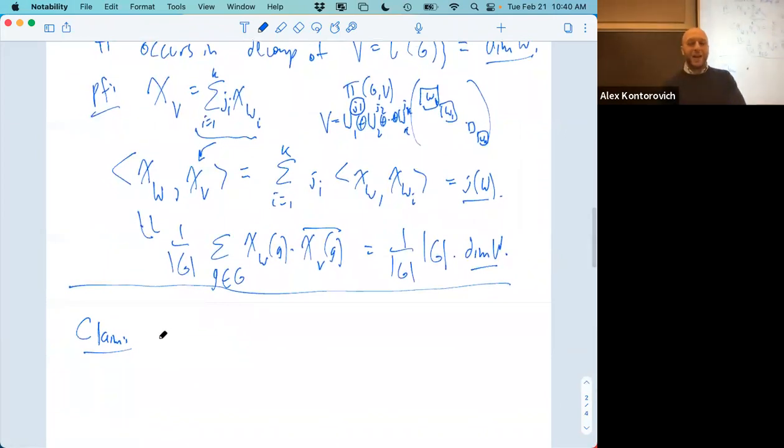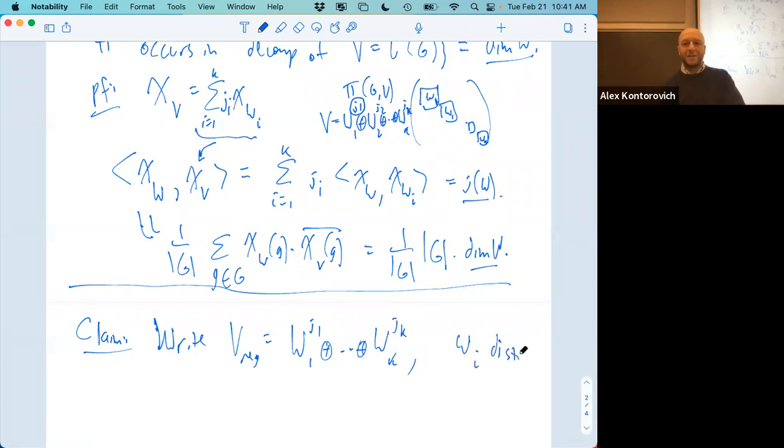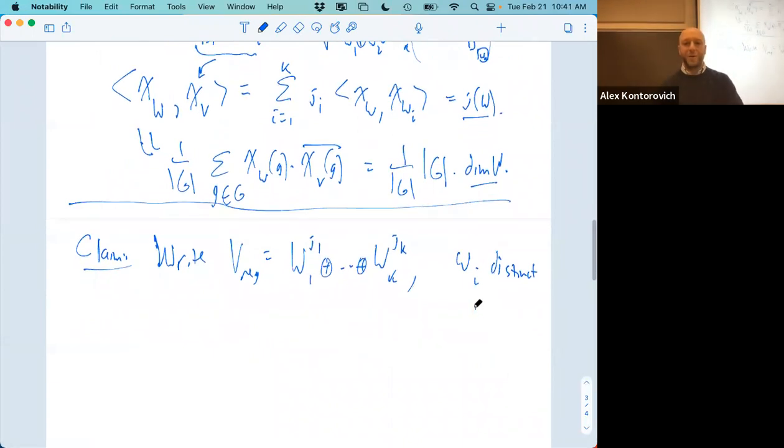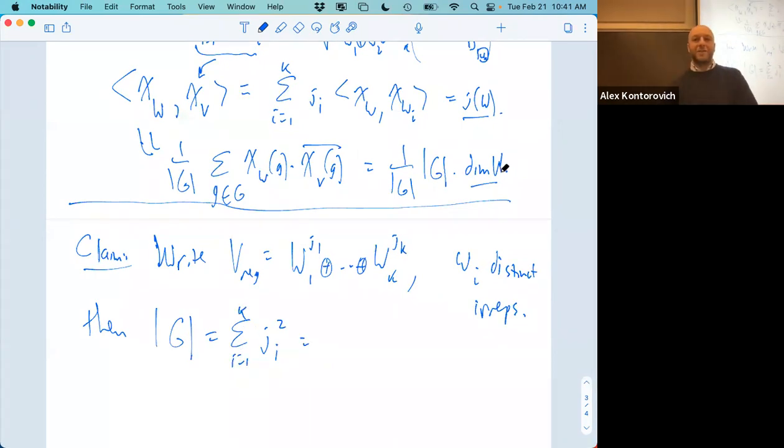If you take, again, write the regular representation V as W1 to the J1 direct sum WK to the JK, with the WI distinct, inequivalent, non-isomorphic irreducible representations, then the size of G is equal to the sum of the JI's squared as I goes from 1 to K. And of course, the JI's we know are the dimensions of the pieces.